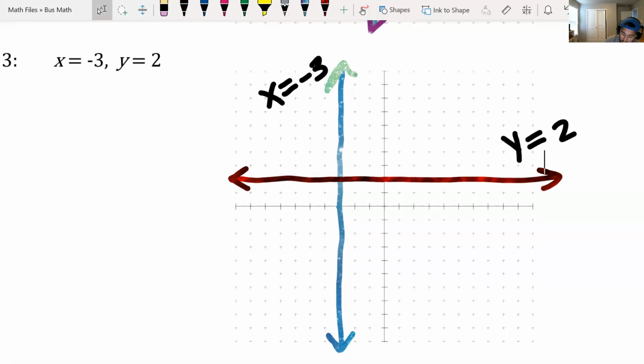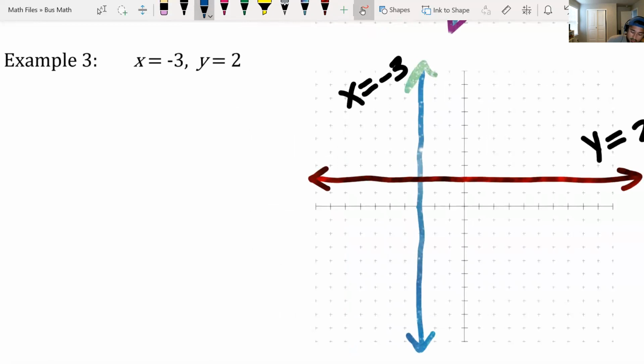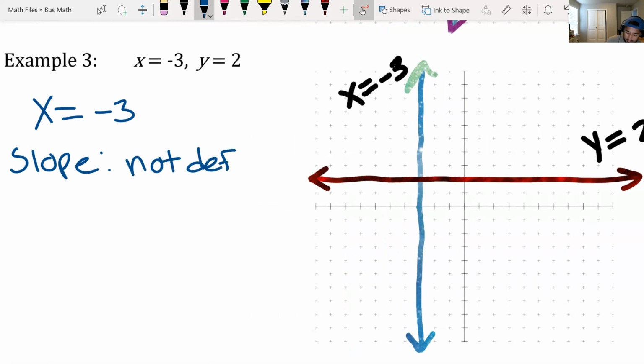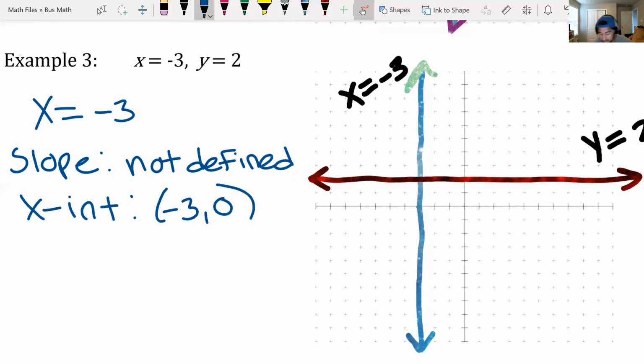So over here, for x equals -3, the slope is not defined, but it does have an x-intercept at -3, 0. At -3, 0, which is right there.